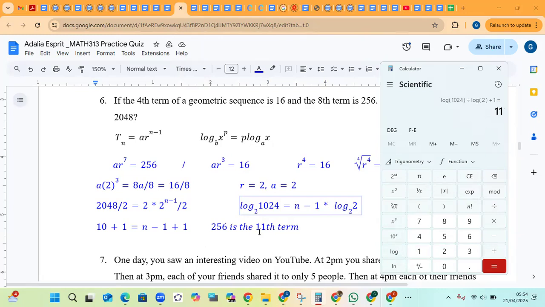So it is the 11th term that is 2048. There it is, right there. So this is correct.